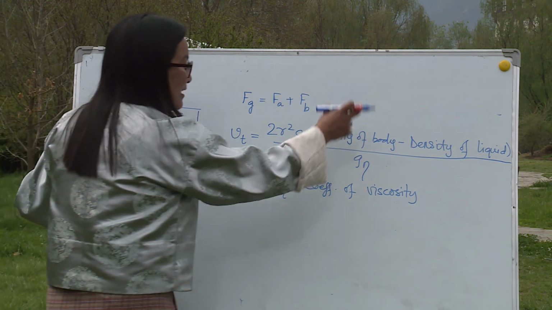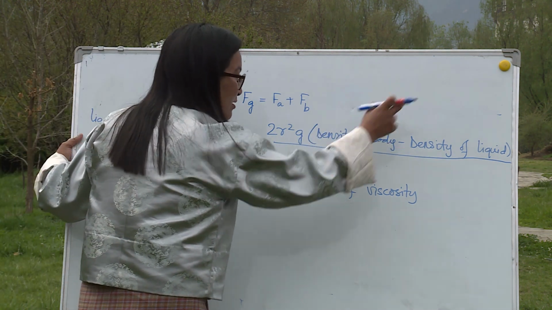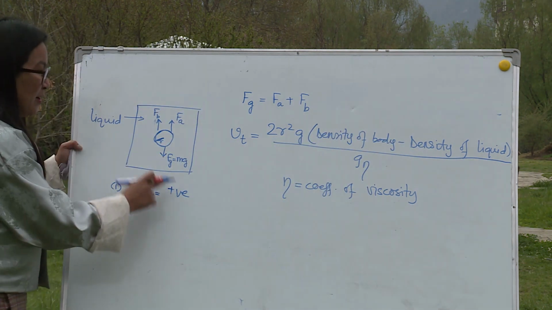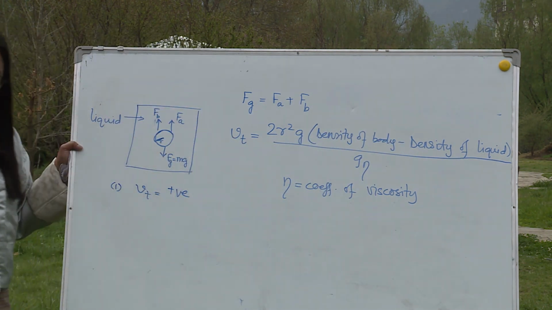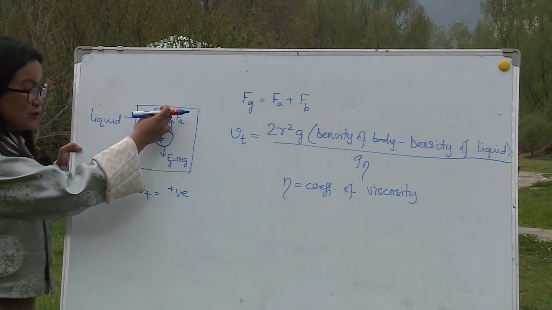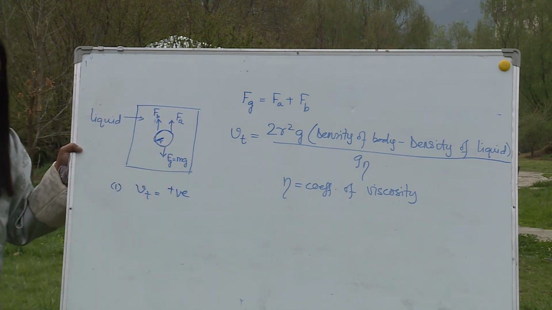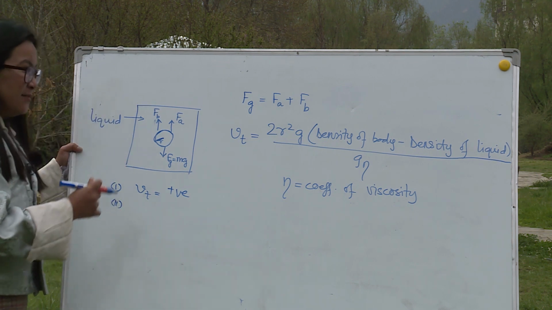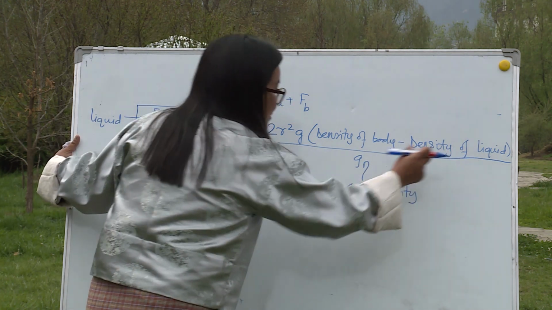If the density of the body is more than the density of the liquid, the difference will be positive, which will make terminal velocity positive. So what does it mean? It means now the body will drop down in the liquid. Second situation is, what if the density of the liquid is more?